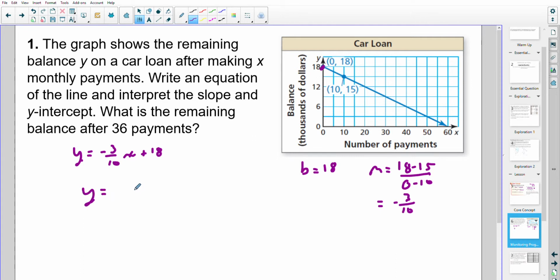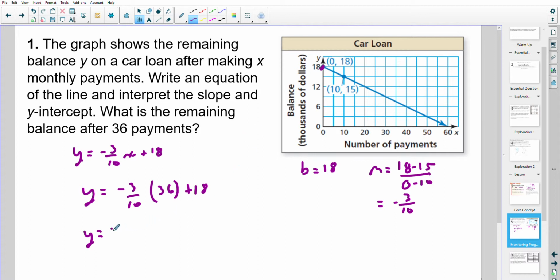You would just say y equals negative 3/10 times 36 by substituting that in, and by using a calculator, you end up with 7.2.